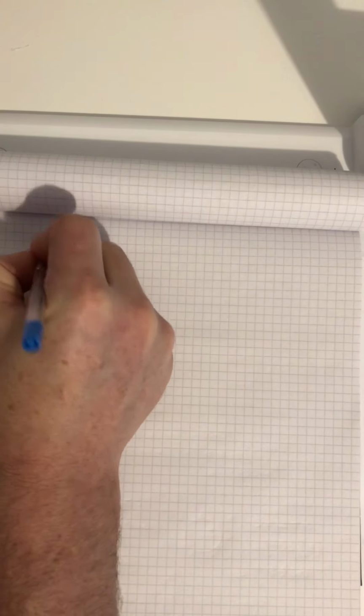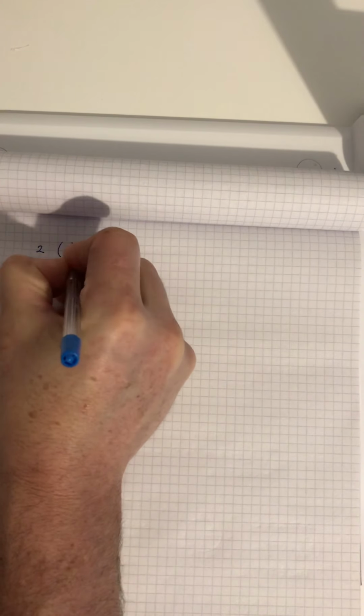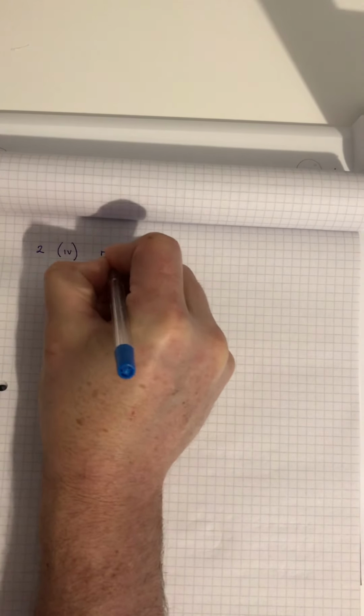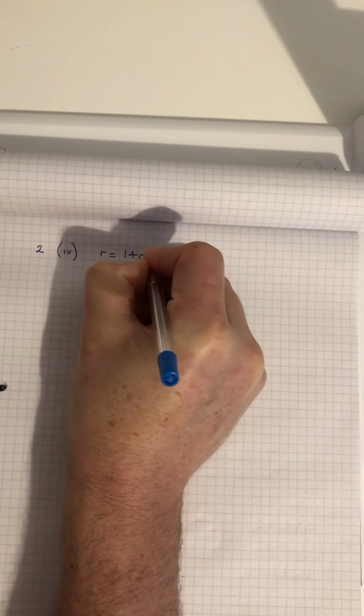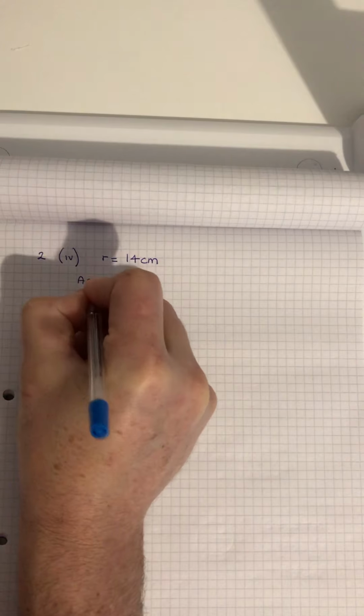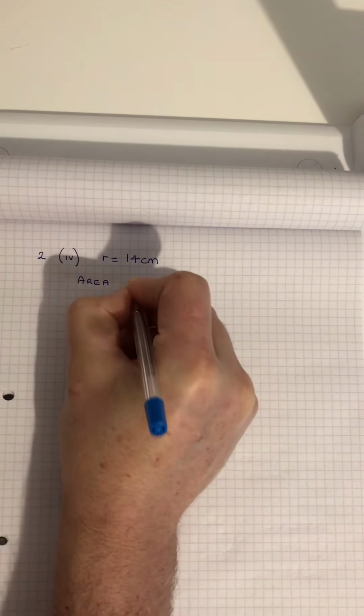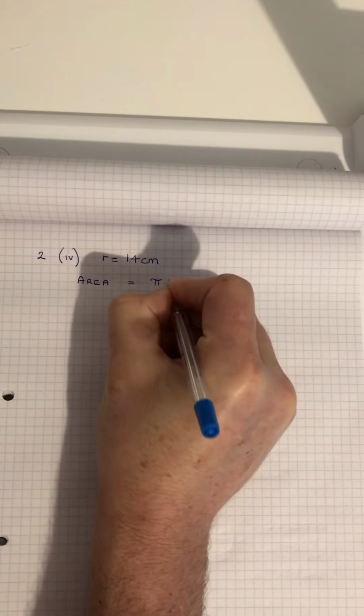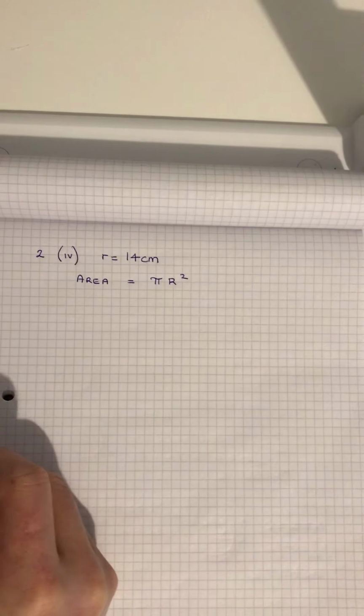So look at question 2, part 4. The radius is equal to 14 centimeters. So we first of all want to find the area is equal to pi r squared.